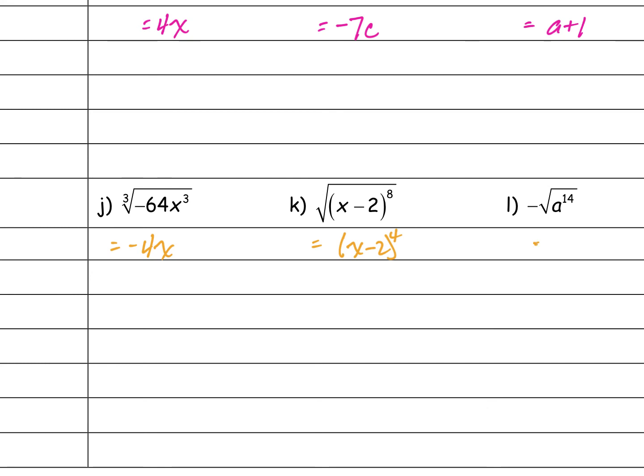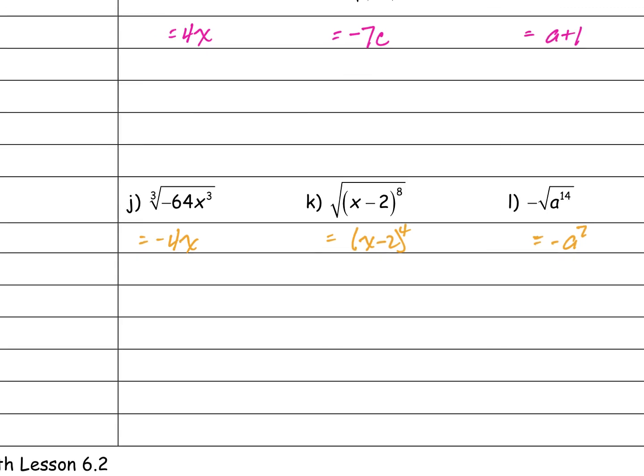And then negative a to the 7th. Questions? We okay? You guys good? Jesus, you good? Are you sure? Positive. Okay. Awesome. Okay.